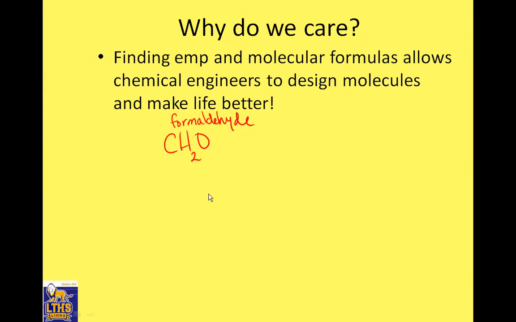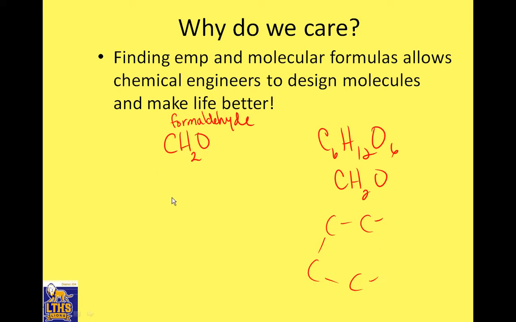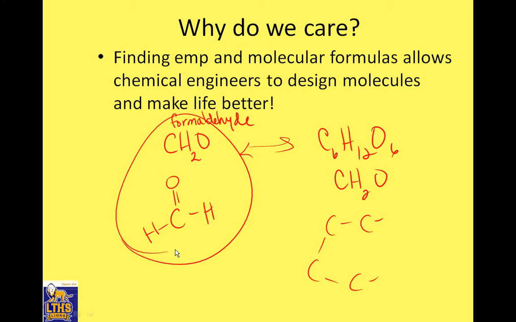So if we know empirical and molecular formulas, see, this is also CH2O, but these are very different because sugar is a ring structure with 6 carbons, and formaldehyde looks like this. So I know you want to take organic chemistry so you don't get these two things mixed up, because this one is a preservative and this one runs your body.